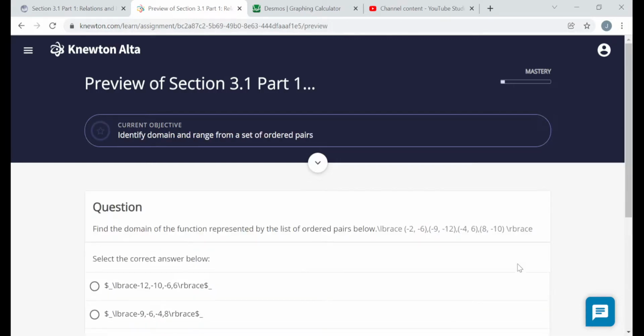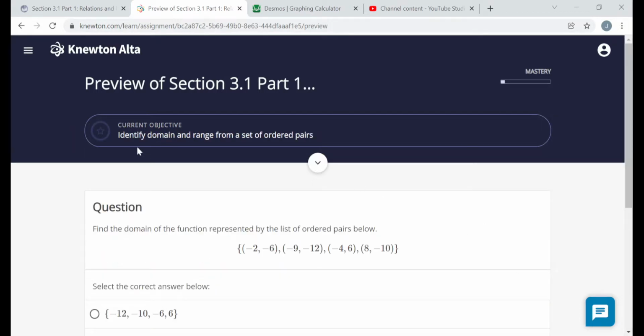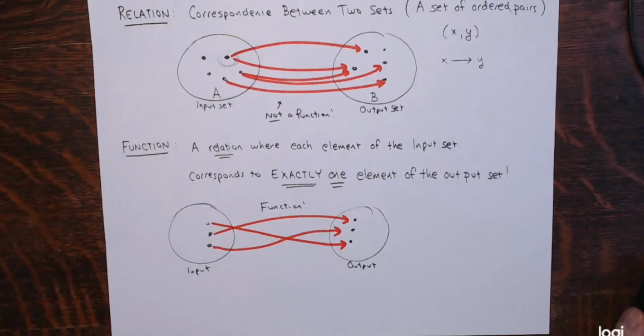Alright, next question. Alright, we're switching objectives. It says identify the domain and range from a set of ordered pairs. Alright, so the domain and range are just the words for these input and output sets. Right.